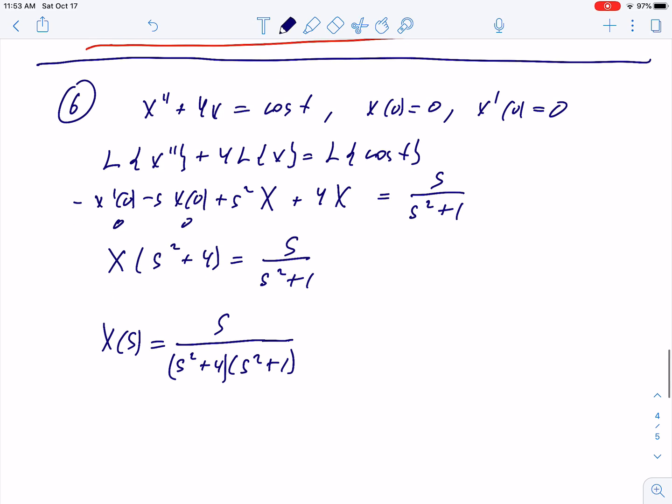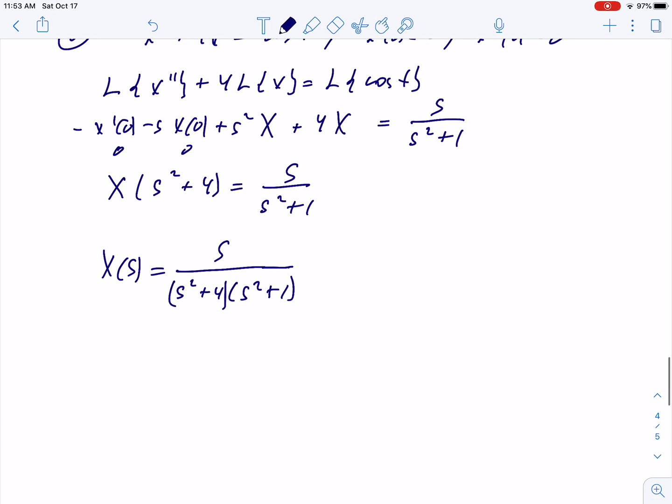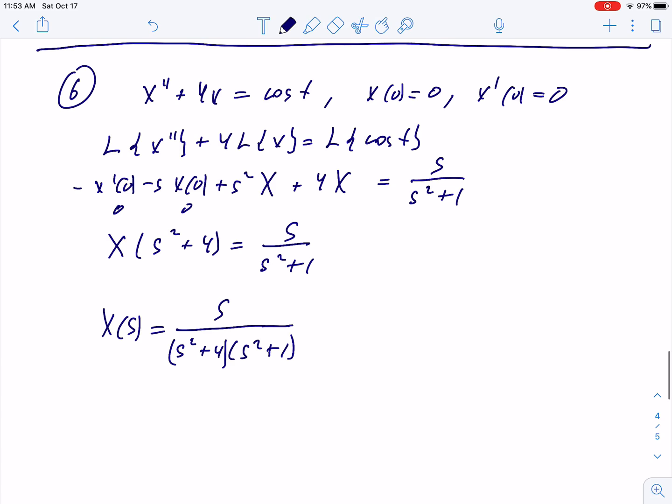Now we have to invert, find the small x. Again, we have to use partial fractions and break these two. How to break? When we have to use partial fractions and the factors in the denominator are squares, theory requires us to look for coefficients As plus B on top, s squared plus 4 in the denominator, and then another similar Cs plus D on top, s squared plus 1.